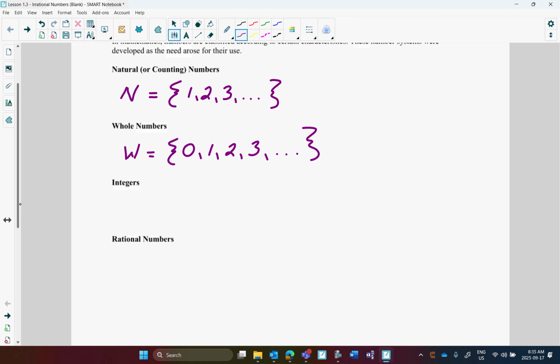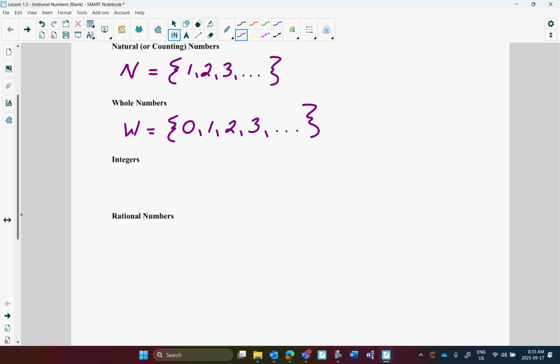Well, those aren't the only numbers that exist. So we got another set called the integers, which are made up of all these and negatives. And we actually use the letter Z. I know it seems weird that we don't use I, but I actually stands for something else.